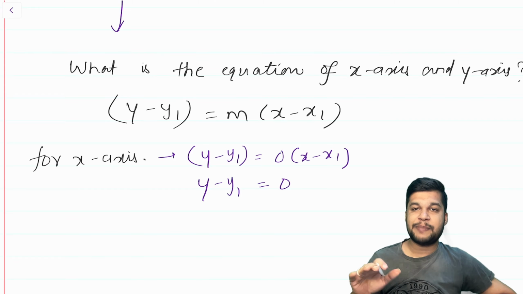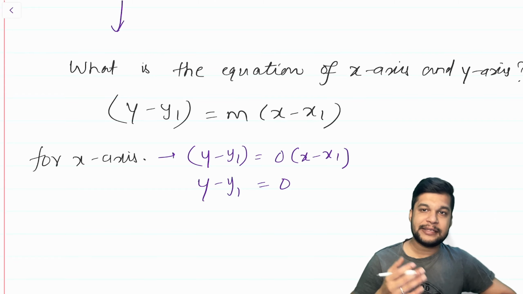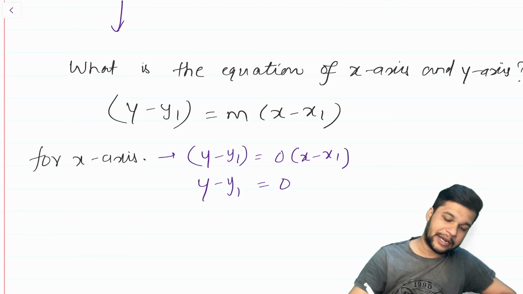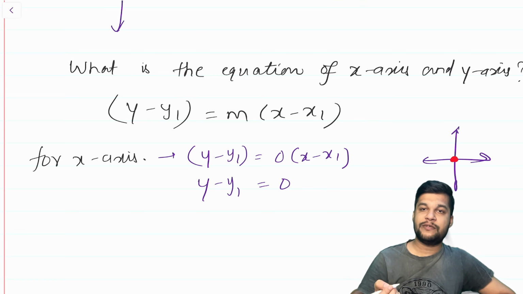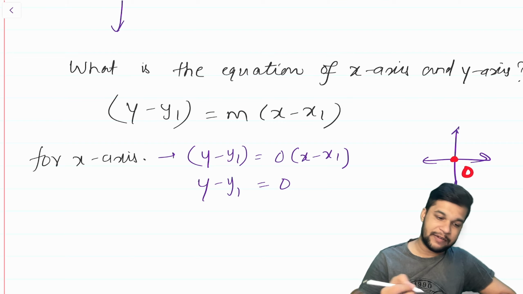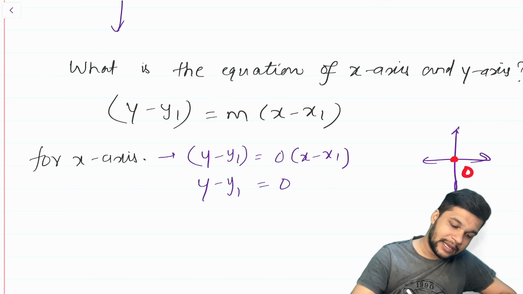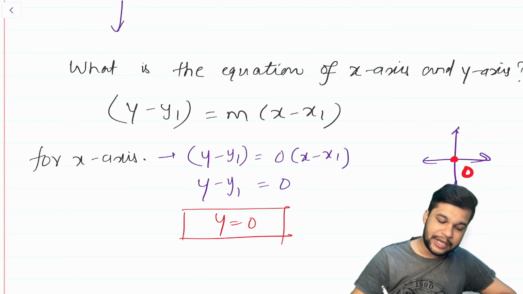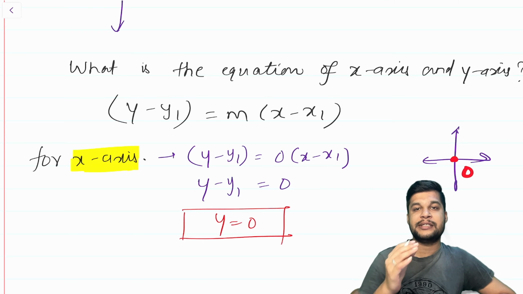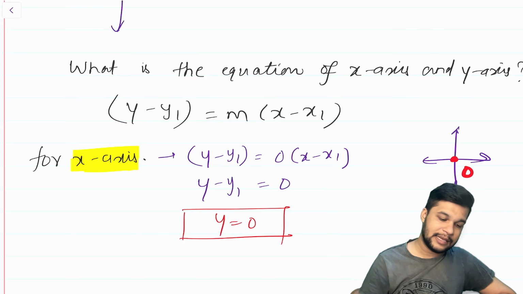And x-axis passes through the origin, right? X-axis and y-axis, both of them pass through 0, 0. So y1 is 0. So basically, y equal to 0 is the equation for x-axis.